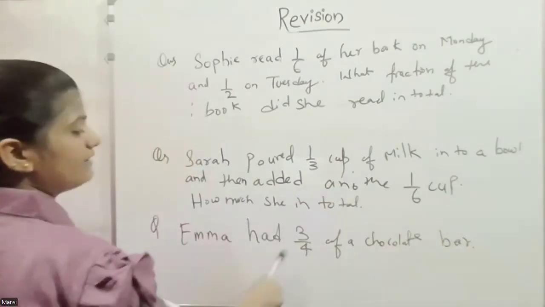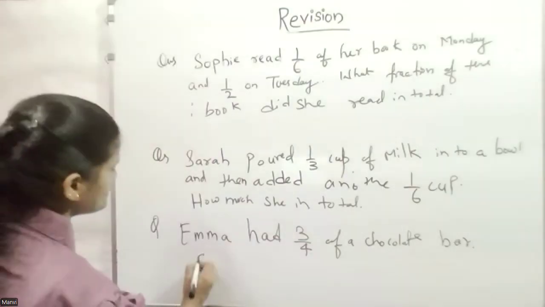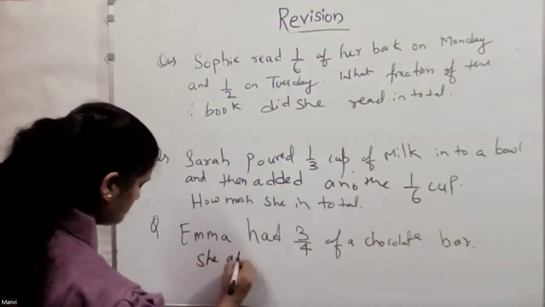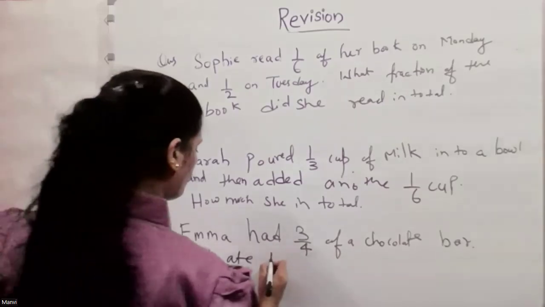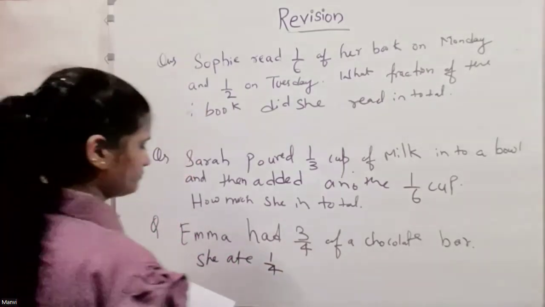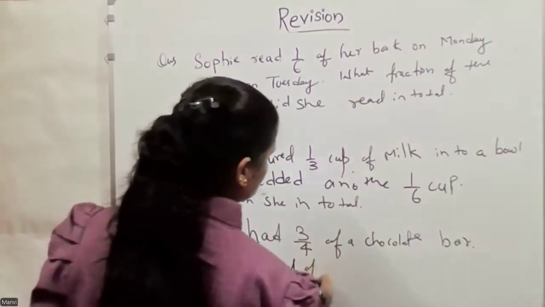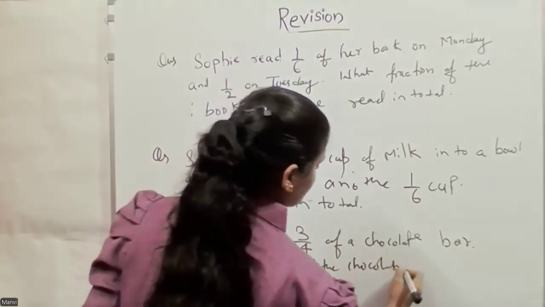Now, Ima had 3/4 of a chocolate bar. She ate 1/4 of the chocolate bar.